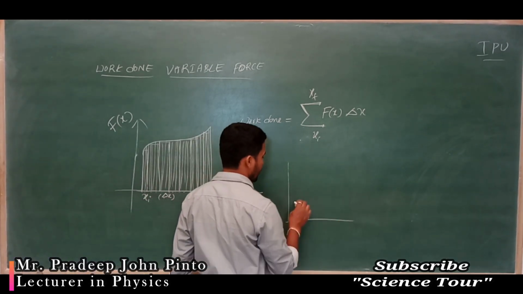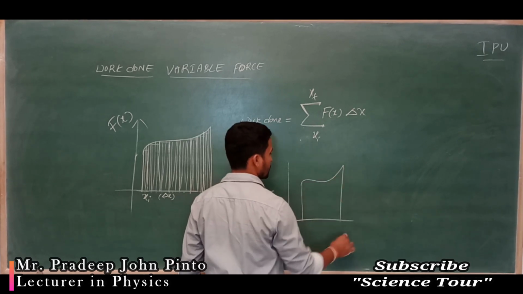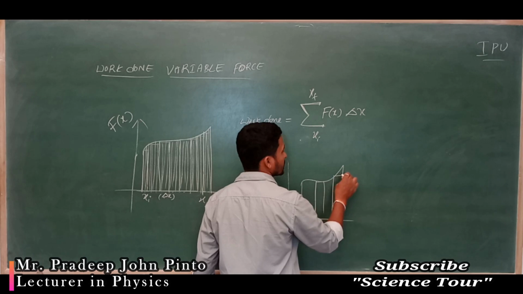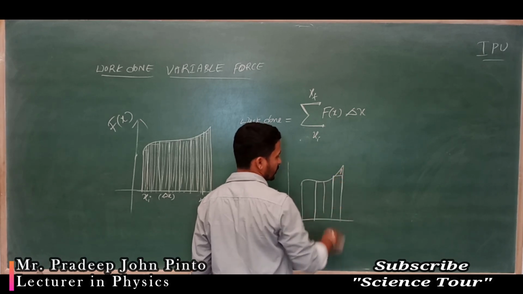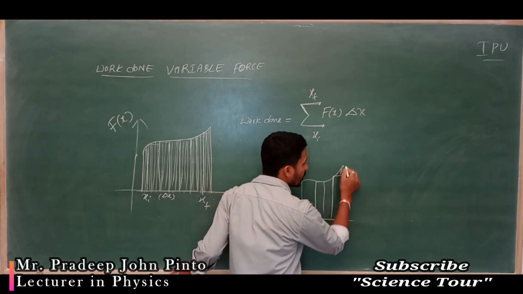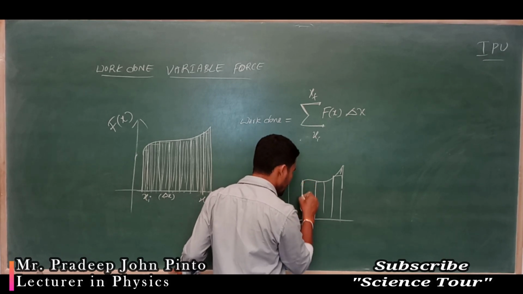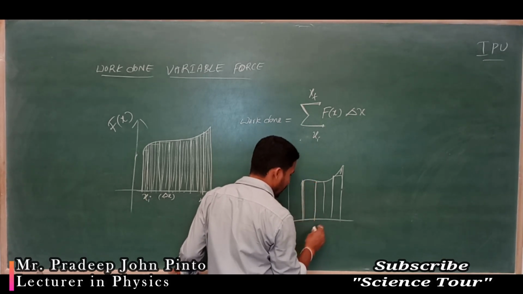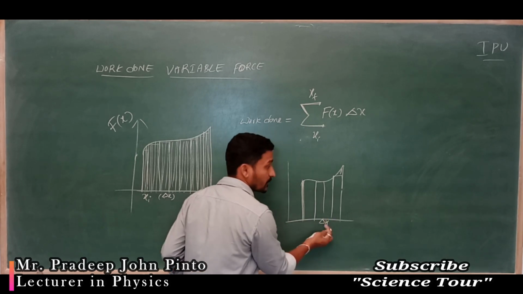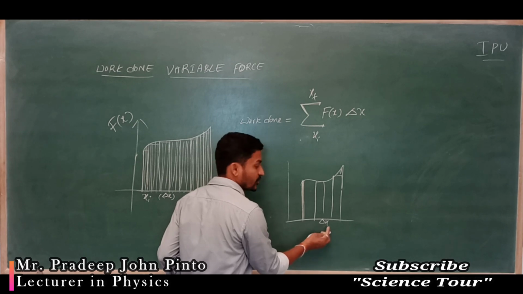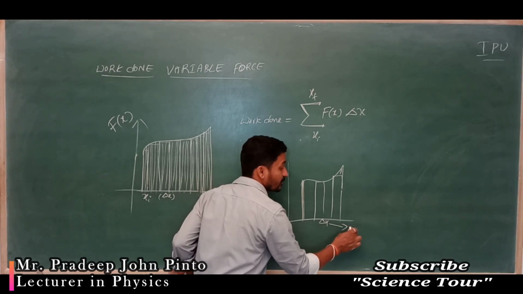For example, if I write the same delta x here, this is missing, and this only I am going to count. Now, to get all those things, I am going to divide in such a way that the pieces are very, very small. First it was delta x, now I am going to reduce the delta x. The delta x is going to become 0.